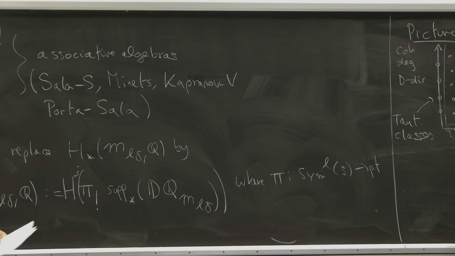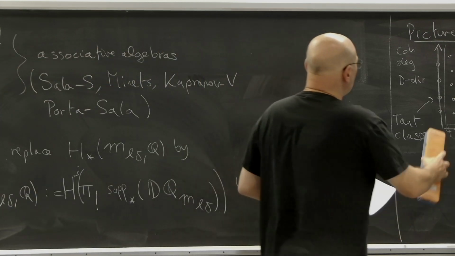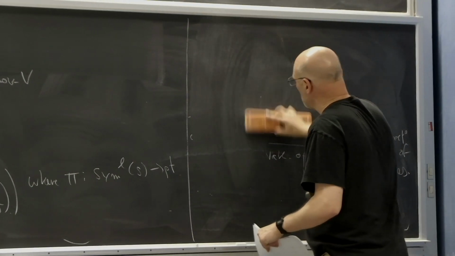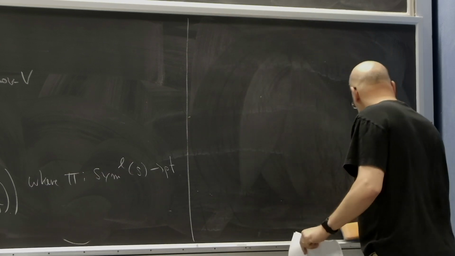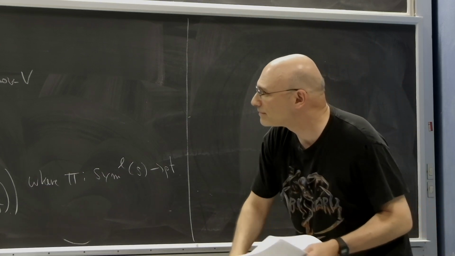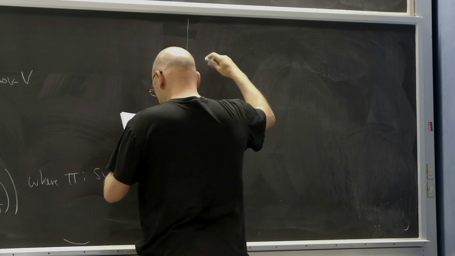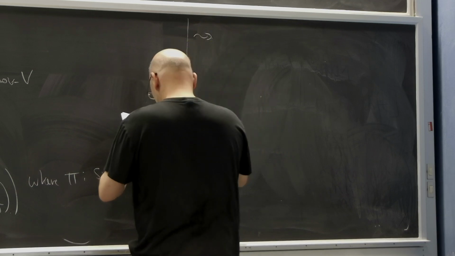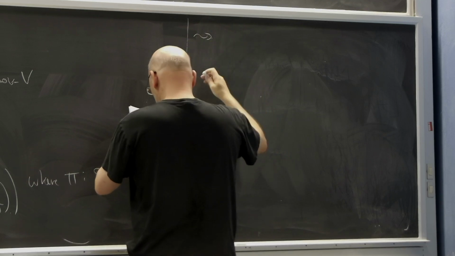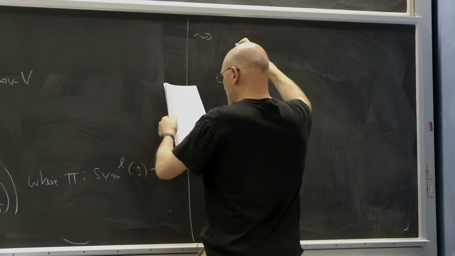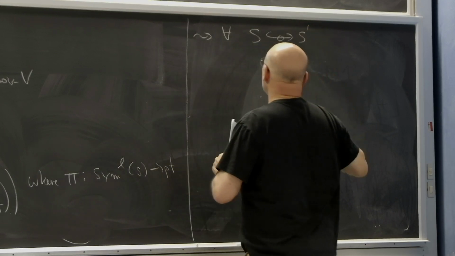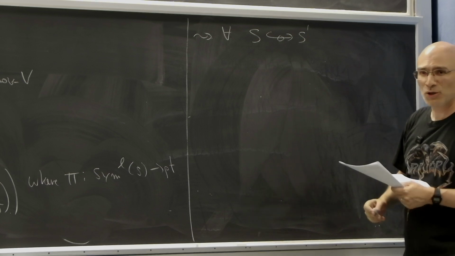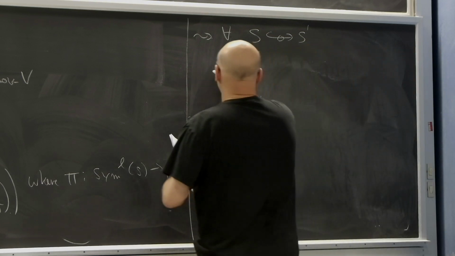So when you do that, you have some functoriality that allows you to compare a little bit these CoHAs for different surfaces. And then you have the following. For any inclusion of one smooth surface into another one, an open immersion, we get maps.